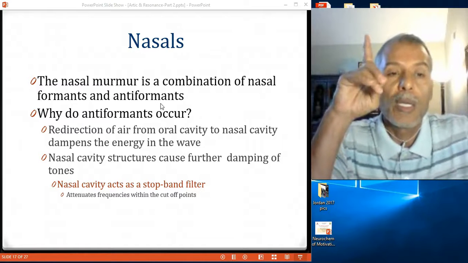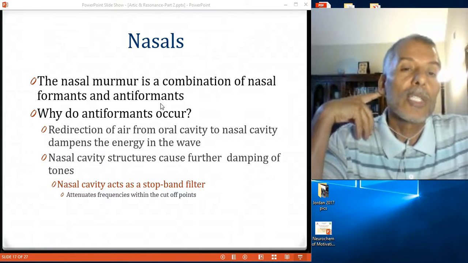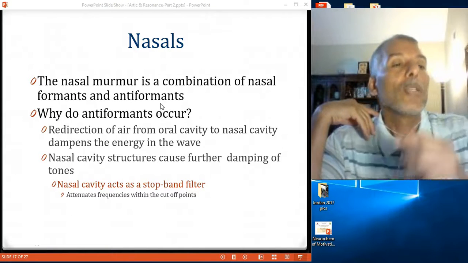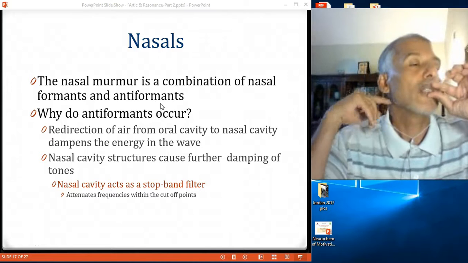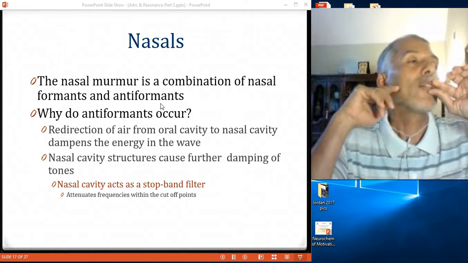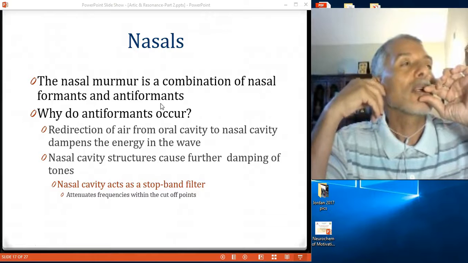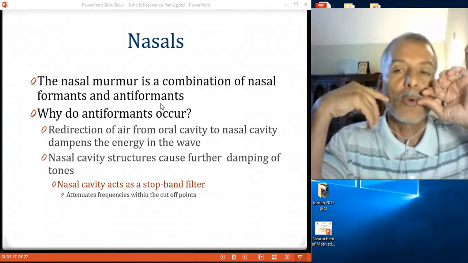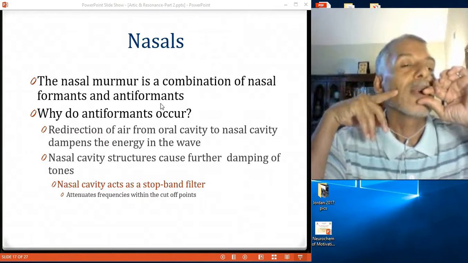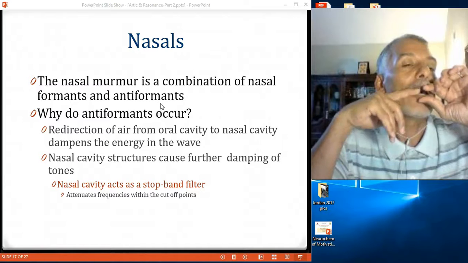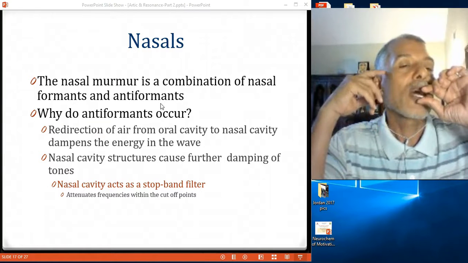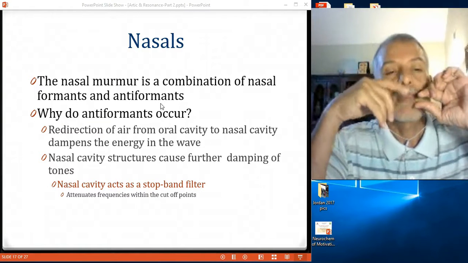First reason: when you close the lips, for example, the air goes up, some of the air goes to the oral cavity, and some of the air keeps going up because the nasal port is open. And then the air that goes into the oral cavity bounces back and goes up into the nasal cavity.